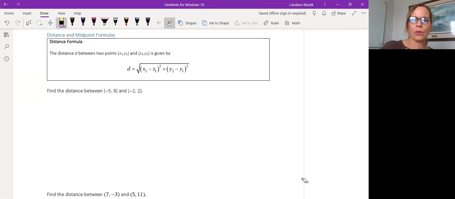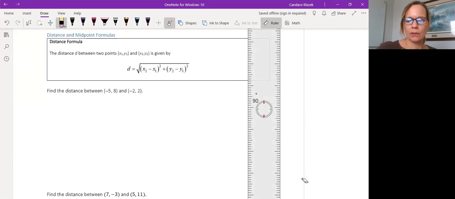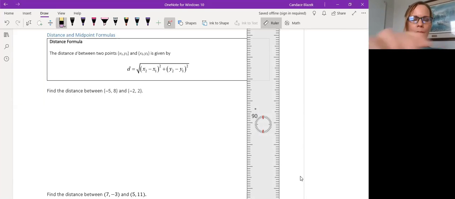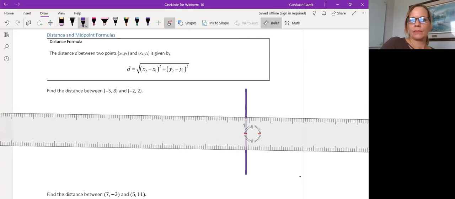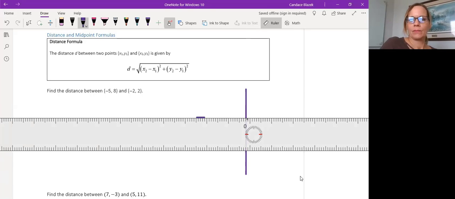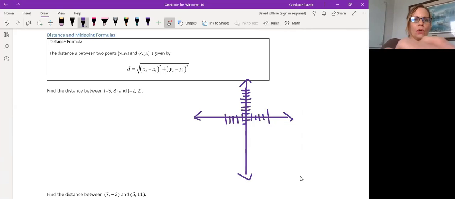So I just want to show you with a little diagram. I'm going to go ahead and just try to draw a nice straight coordinate system here. And we go by ones. All right, so if I were to look at these 2 points, negative 5, 8 would be up here.